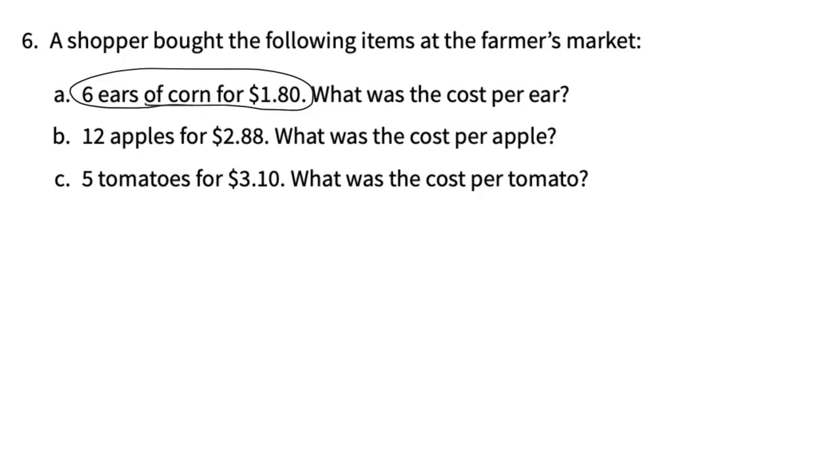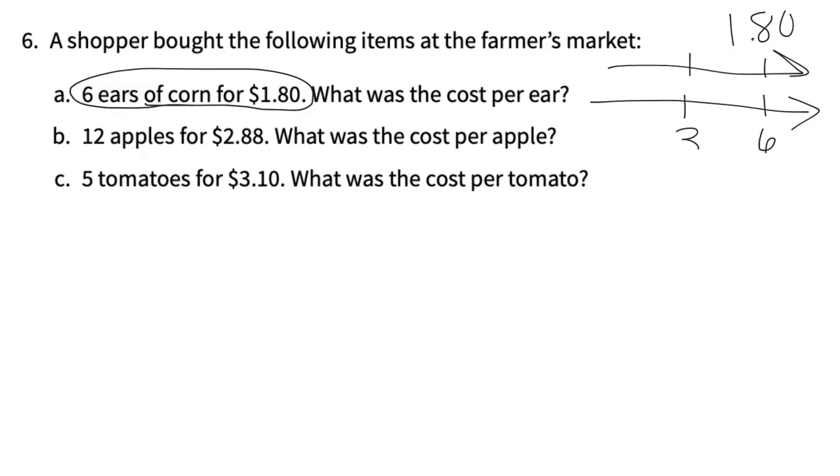And so we can make a double number line, and that double number line would start with this 6 ears of corn costing us $1.80, and then we have to cut it in half, and then we need to somehow get down to just 1 ear of corn.